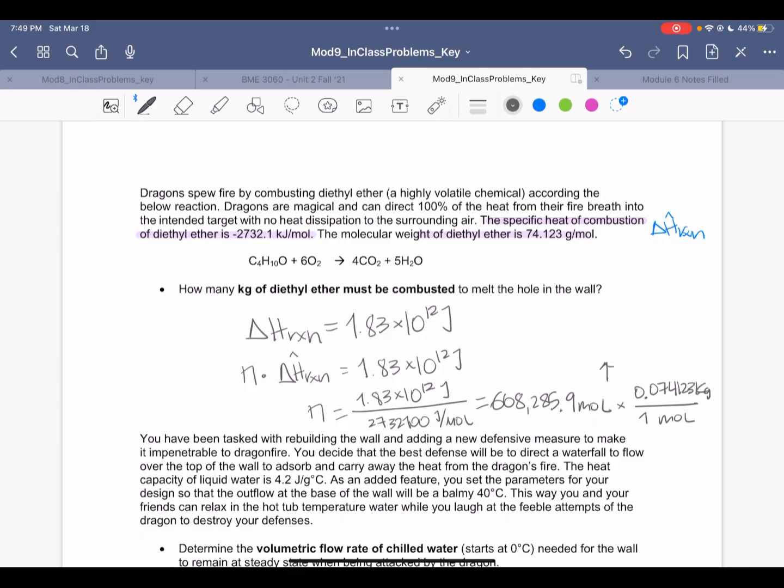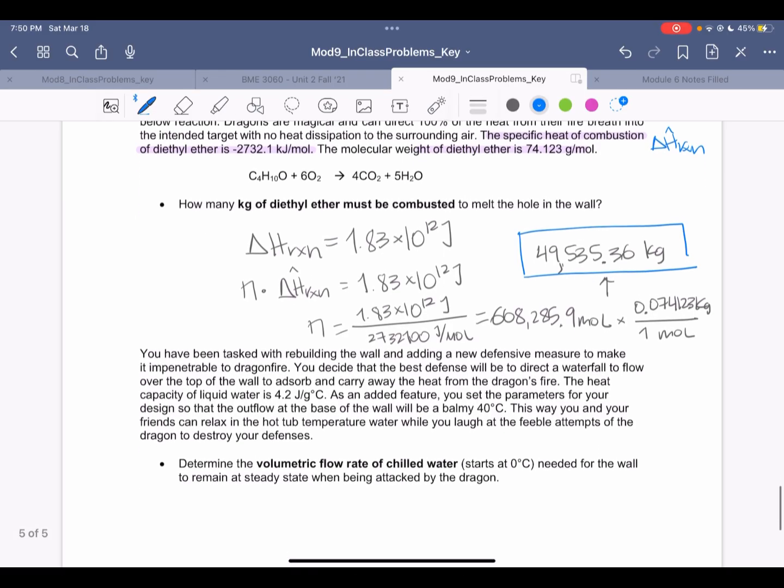And so that's equal to 49,535.36 kilograms, which is a ton of diethyl ether. This dragon would have to be enormous to be able to carry that much diethyl ether on top of support its own weight, etc. So it would have to be a huge, huge, huge dragon.